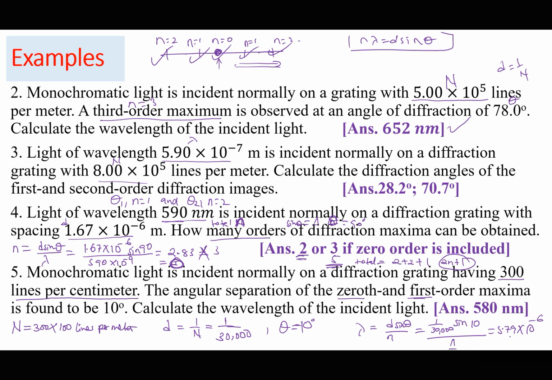So it's 5.79 times 10 to the power of minus 6 meters. I doubt this, but you can check. I don't think it is 580 nanometers, especially when it is nanometers. Let me try to divide by 10 to the power of 9. It is 5800. There will be another 0 here. Okay.